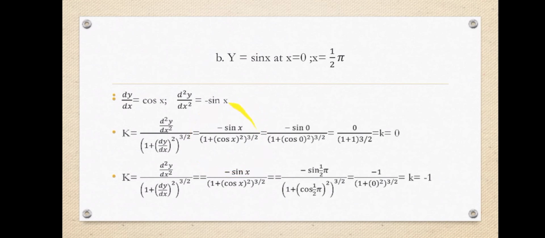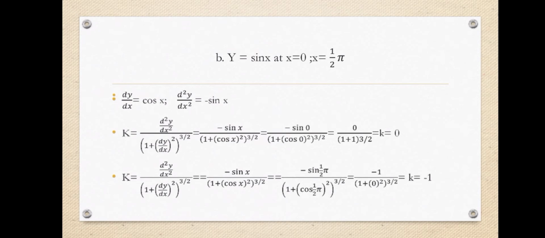Our second derivative is negative sine x, so this is our numerator, negative sine x over the quantity of 1 plus the quantity of cos x squared, raised to the power of 3/2.